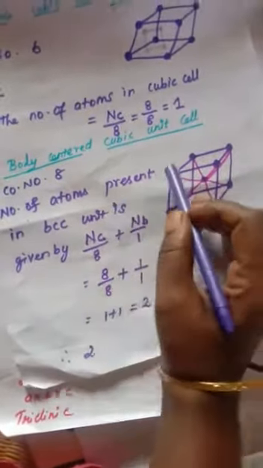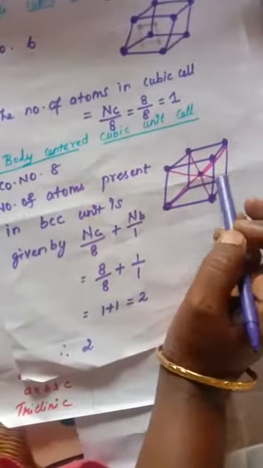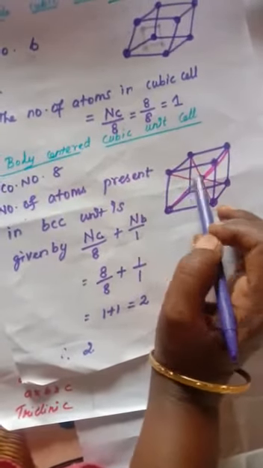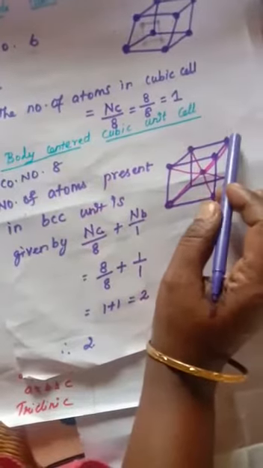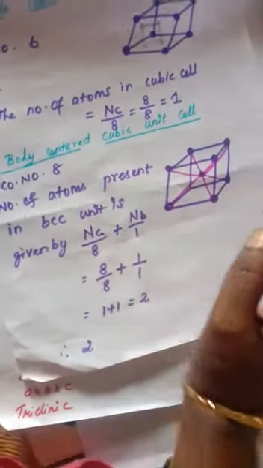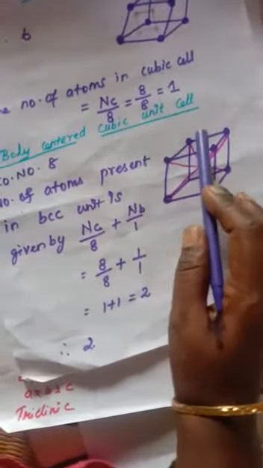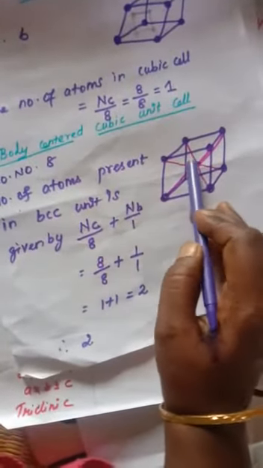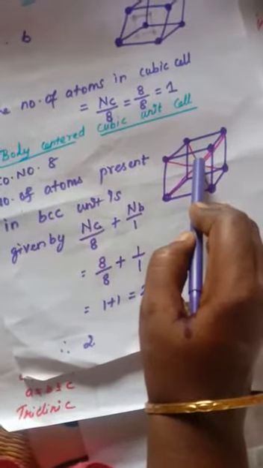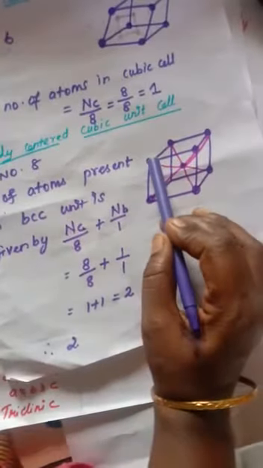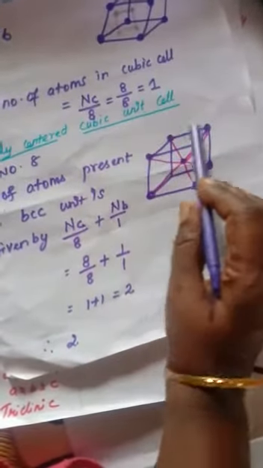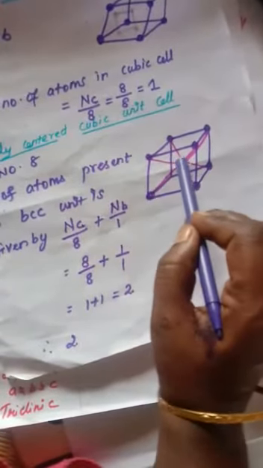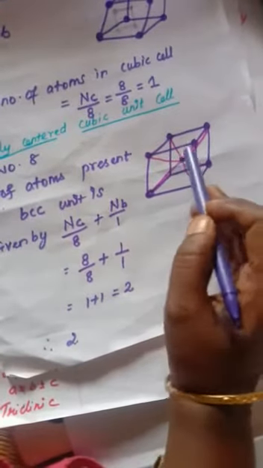The atoms at the corners do not touch each other, but all the atoms at the corners touch the atom which is present at the center of the body. So here the coordination number is 8.